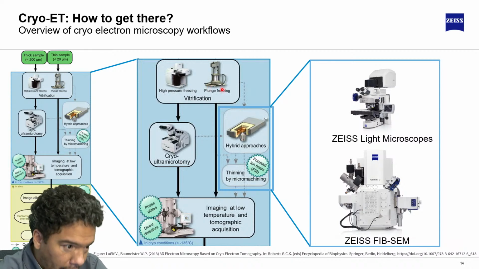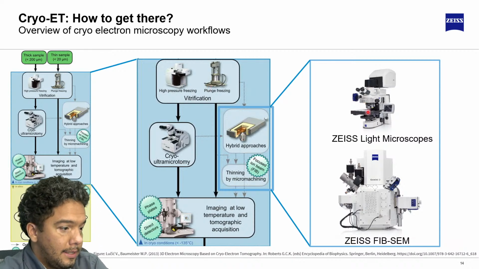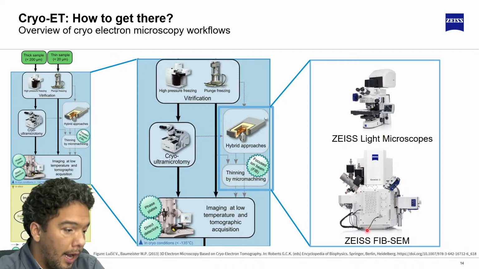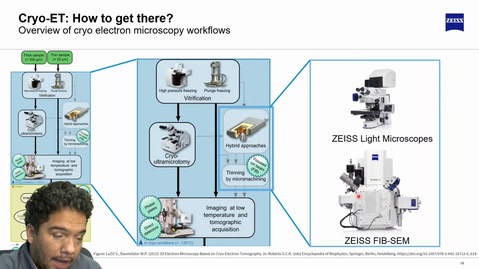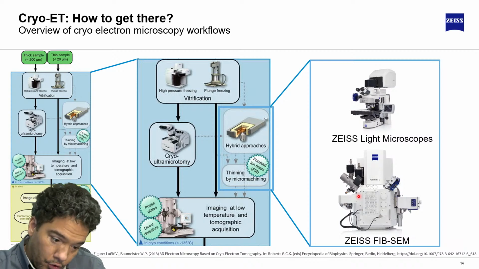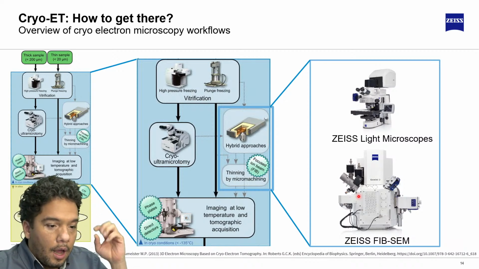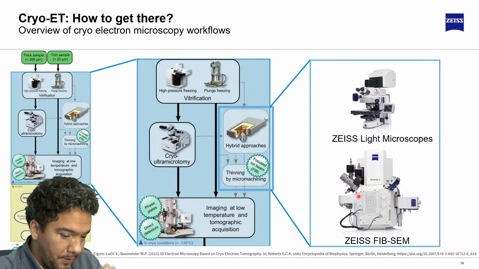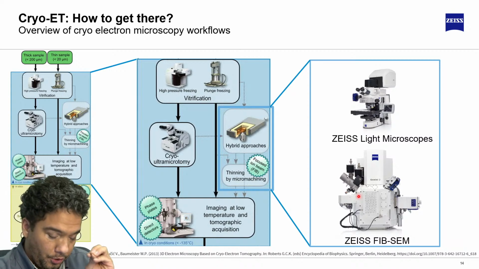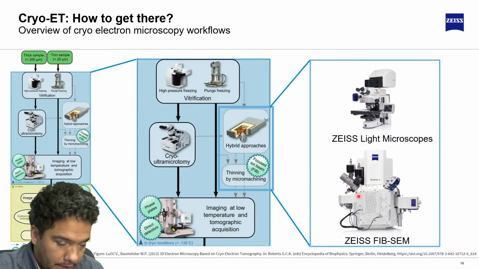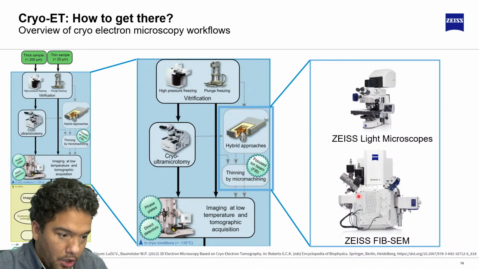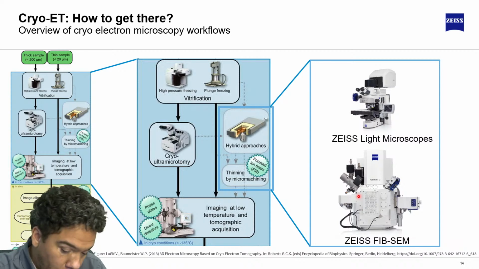After you get the vitrification, you can use ZEISS light microscopes and the Crossbeam microscope in tandem to find your region of interest and then target that specific region of your sample. And after that, image and construct your data analysis.